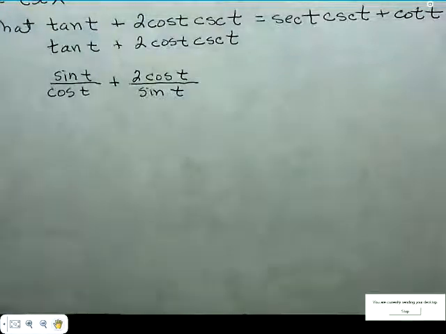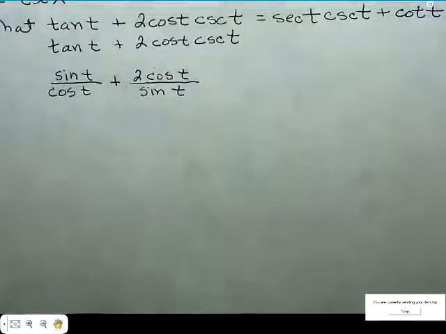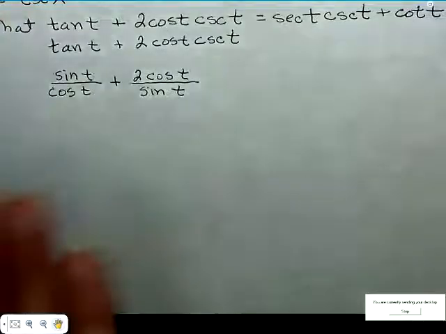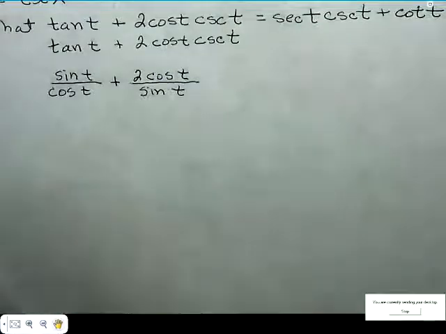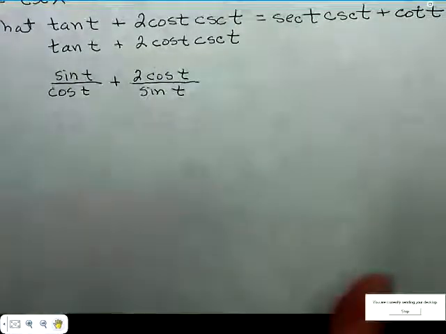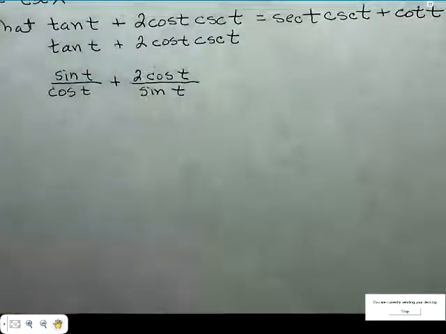Then what? Can't think of anything else. No, I can't think of anything else to do. I can't see the clear path that would lead me down, but I just can't think of anything else to try. So I'm going to get a common denominator, multiply the first fraction by sine over sine.